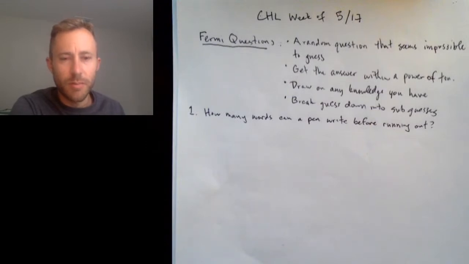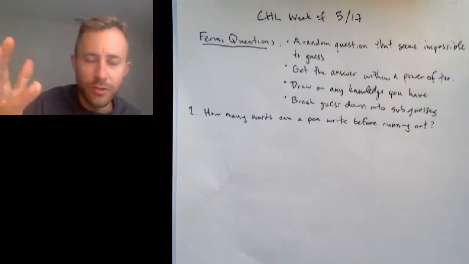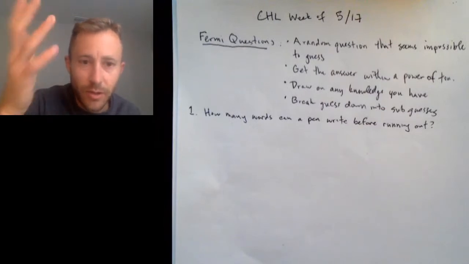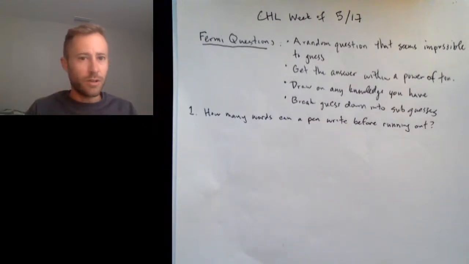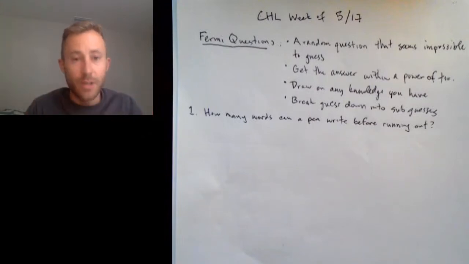I don't want to just say an answer like a million. That would be a horrible way to answer Fermi questions. What I want to try and do is break the question down into as many sub-questions as possible, guess on each of those, and then combine them together to get a final answer.